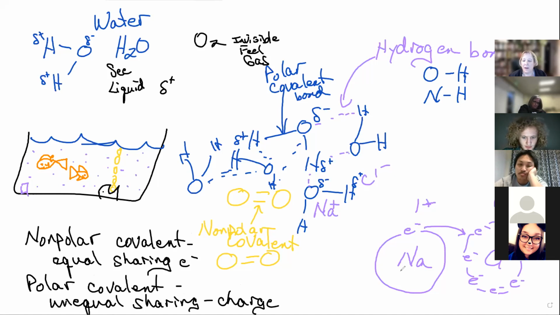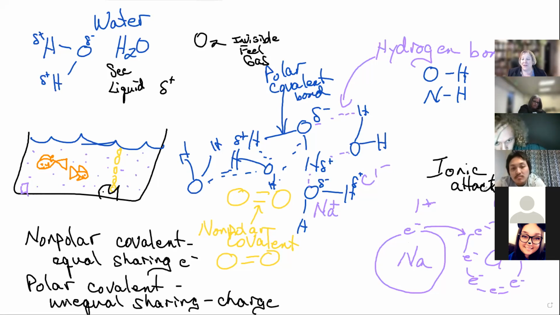This interaction that we see with sodium and chloride, it depends upon who you talk to, is called ionic attractions, or sometimes you'll see it called an ionic bond. Technically, it's not a bond, it's an attraction, but if you see it referred to as a bond, that's fine.